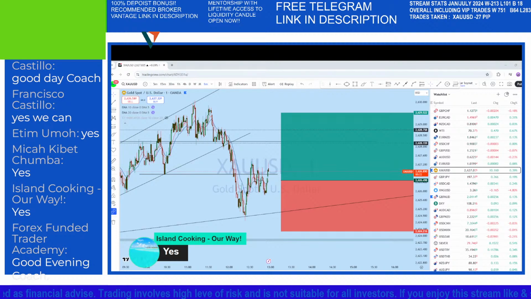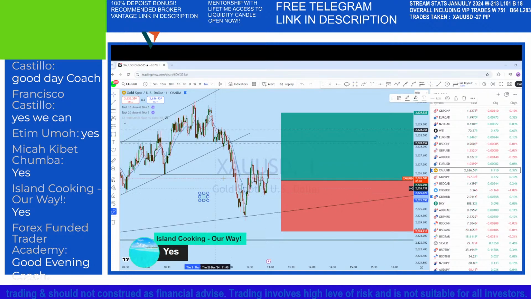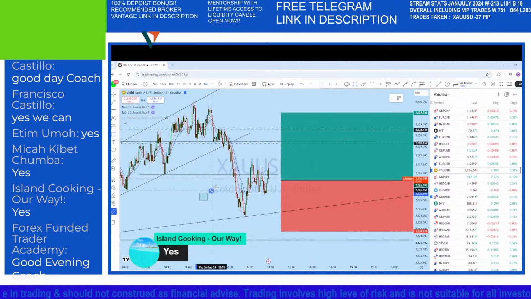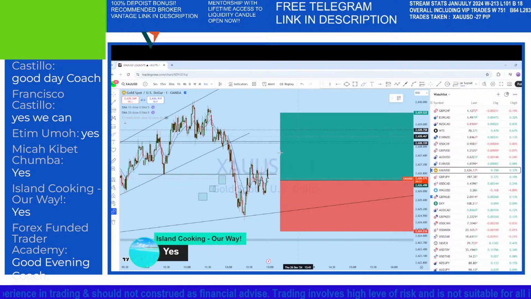There are two ways you can identify a level is being broken, potentially being broken, or reacting back, or the false breakout, and that is by how the market or the candlestick pattern is approaching that level. For example, if you see that the market is approaching with smaller candles, okay, so like that, right?